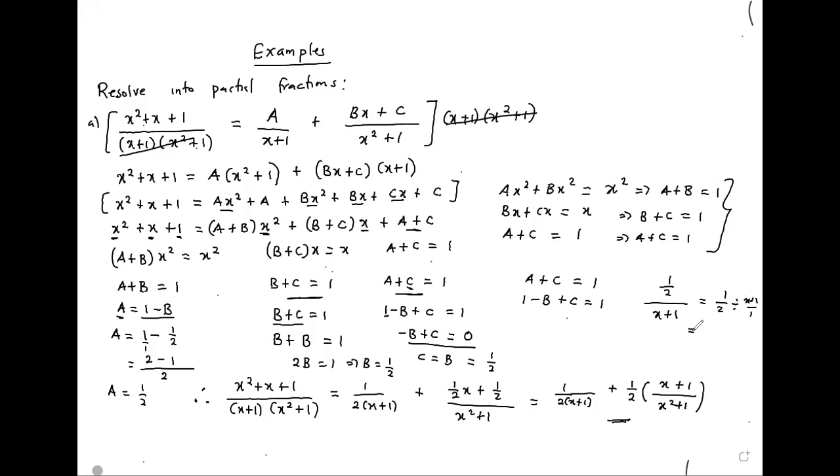If we change division to multiplication, it is the same as 1 over 2 multiplied by 1 over x plus 1, which is the same as 1 over 2 times x plus 1.